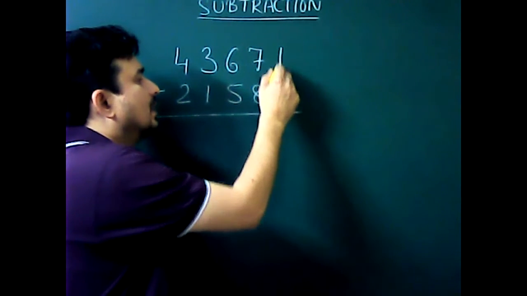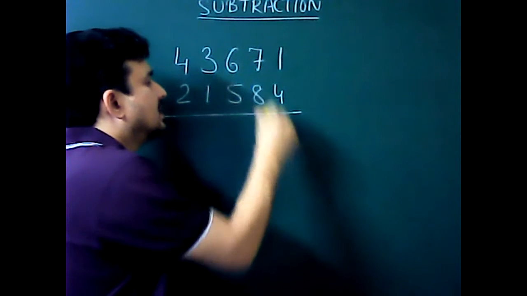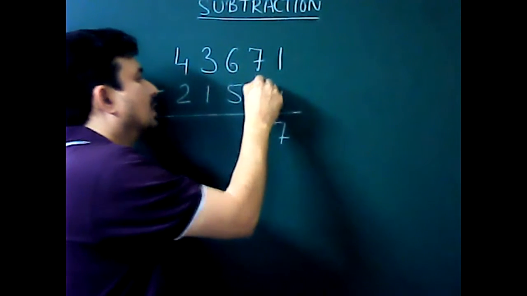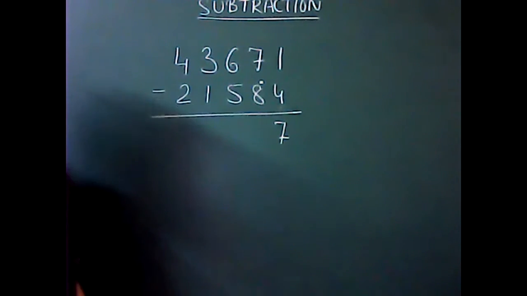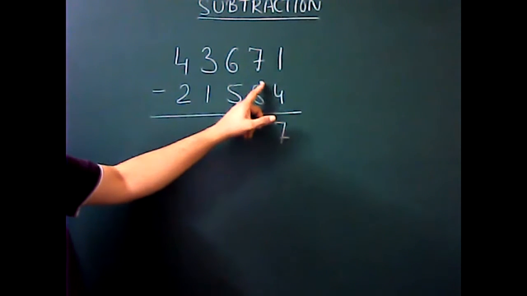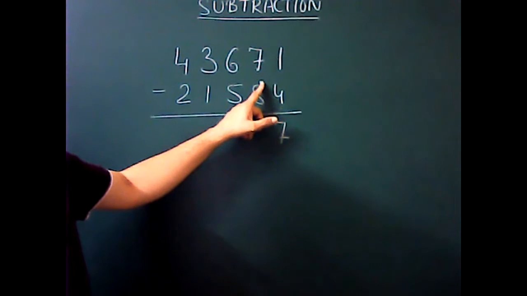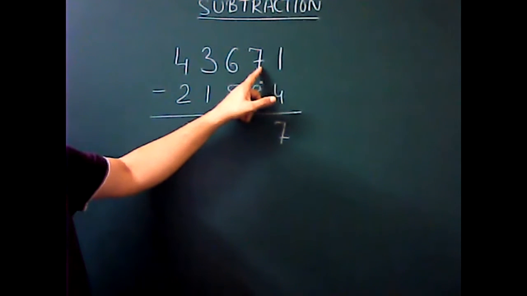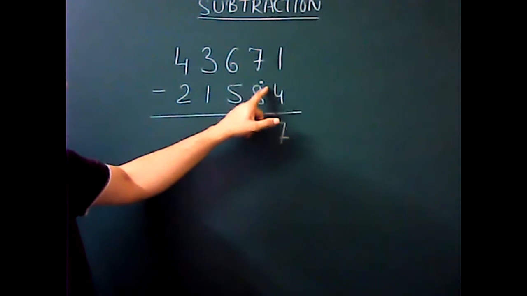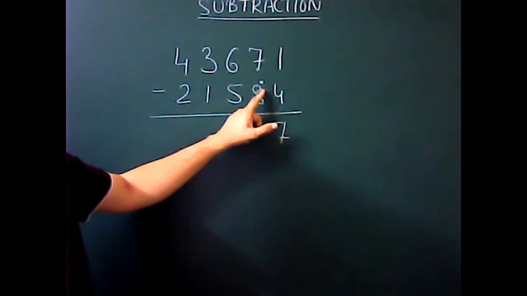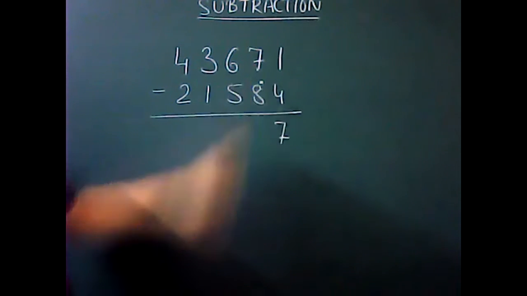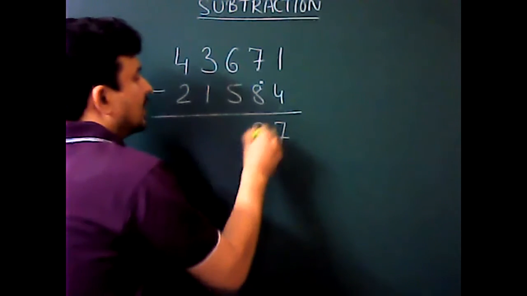I will add it to 1, it becomes 7, and I am going to put a dot over here. This dot means this 8 has now been turned to 9. Now 7 is less than 9. So I will add the best friend of 9, that is 1, to 7. It becomes 8.